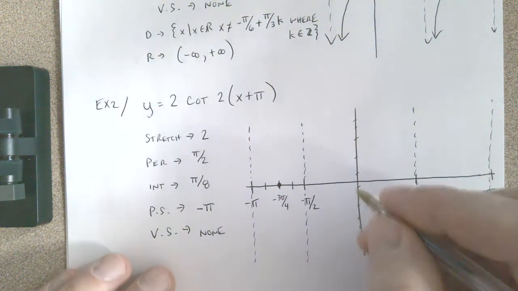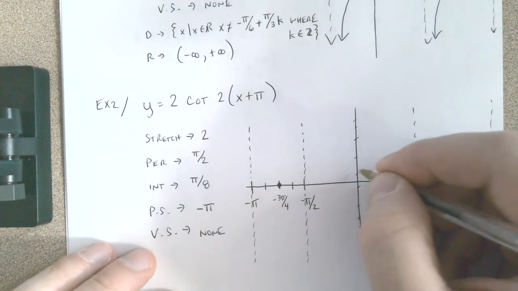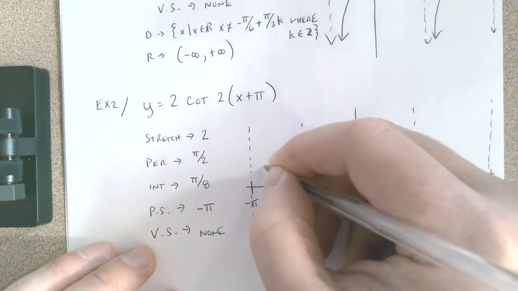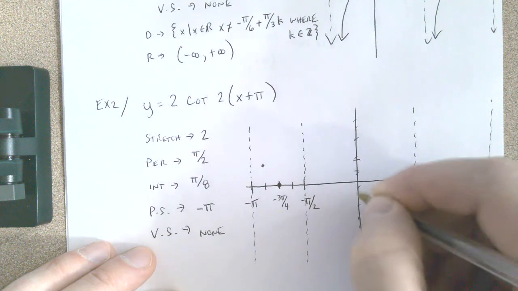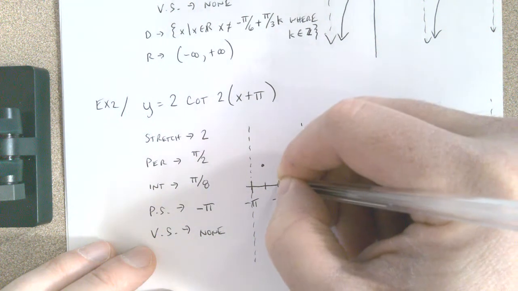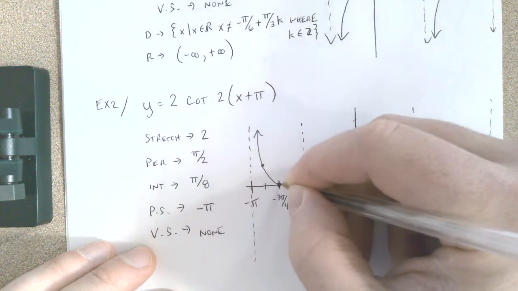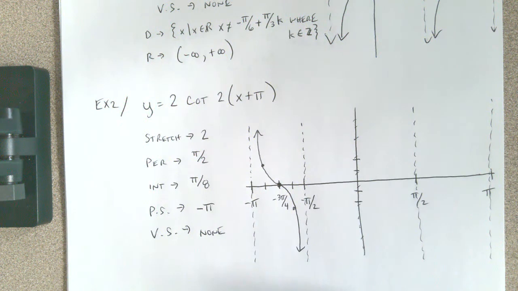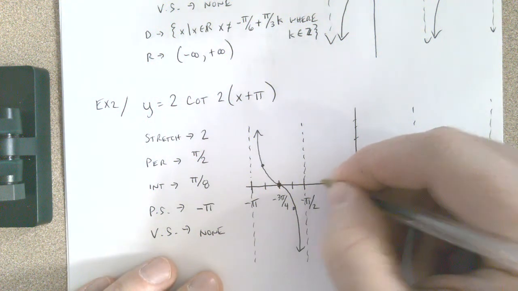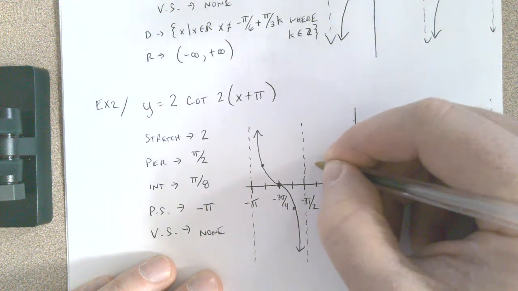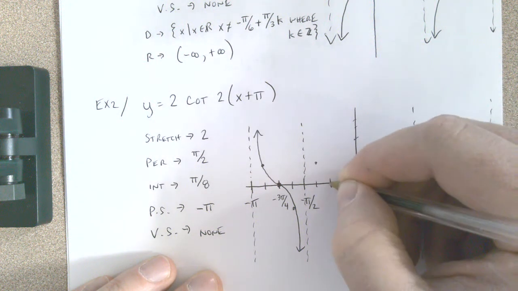So the middle point, we know in this one the stretch is 2, so I'm going to go up 2 for my next point. So up to here and down to here. So again, going up and to the left, down and to the right. And again, if I mark a half, same kind of process here in between.